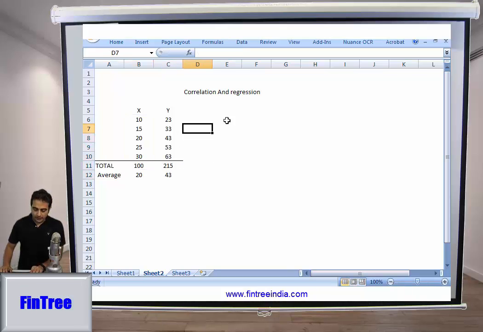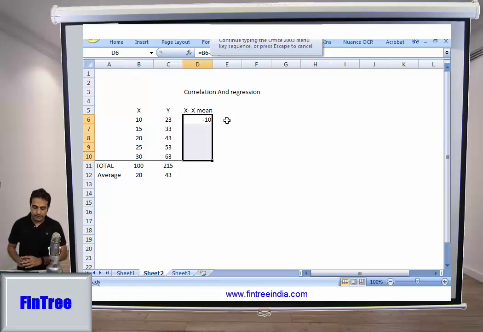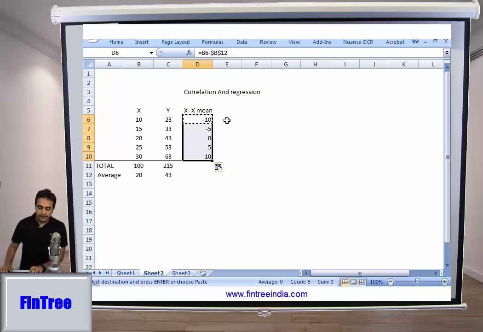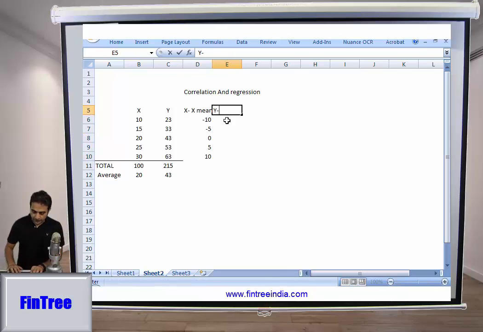Once we have the average values, we will calculate X minus X bar, or X mean. So here it would be 10 minus 20, and in this fashion we would calculate all of the X minus X mean values. In the same fashion we would calculate the Y minus Y mean values, which would be 23 minus 43.